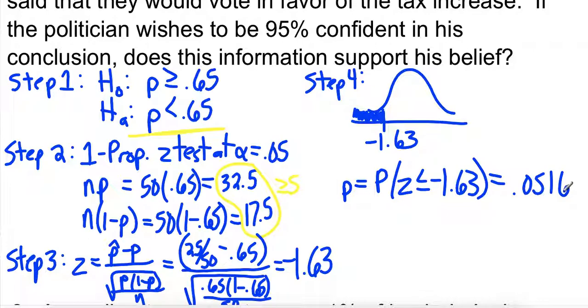They'll be very close. So now we want to compare this to alpha. Our p-value is 0.0516 and our alpha was 0.05. So our p-value is greater than alpha. So in that case, we fail to reject.